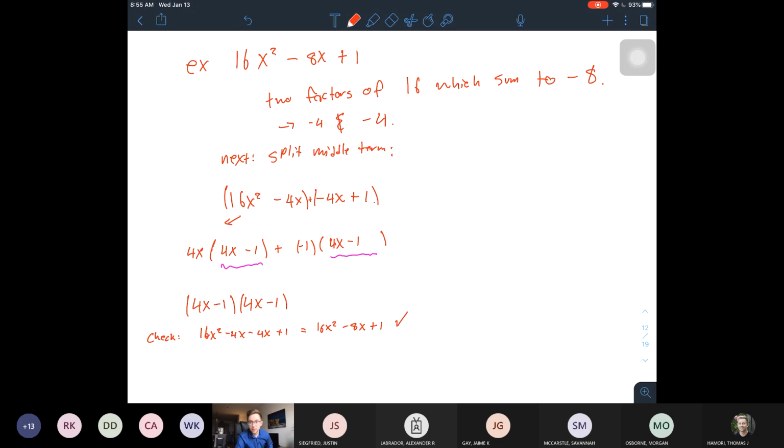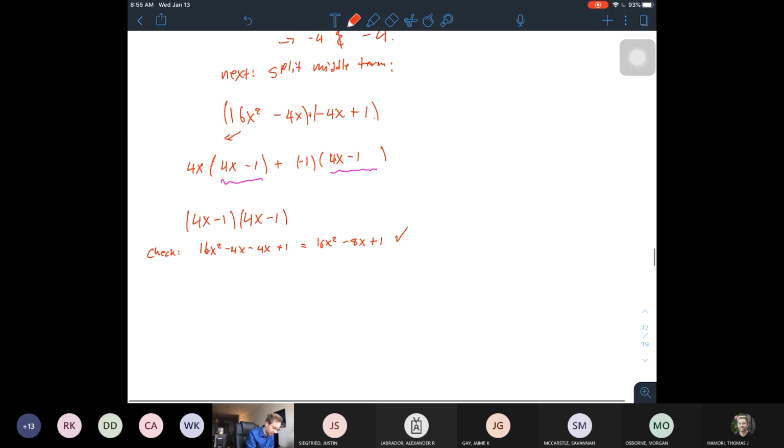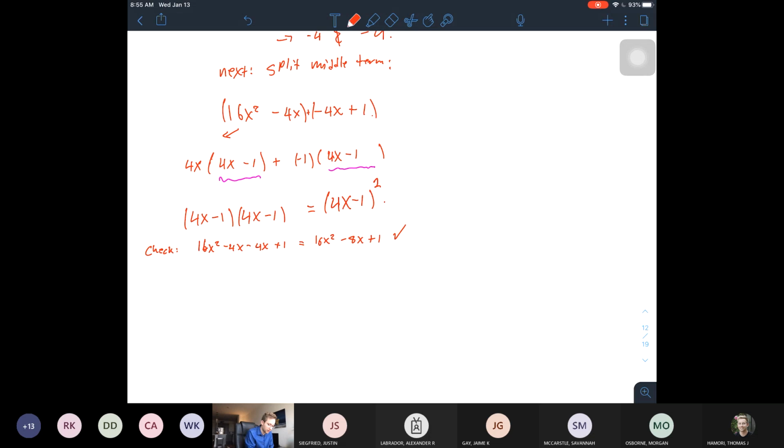Okay, let's see. Daphne says, could you write 4x minus 1 squared? You absolutely could write 4x minus 1 squared. That's a cleaner way to write it. You know, if I'm giving an exam or something like that, I would certainly accept either of these two answers.